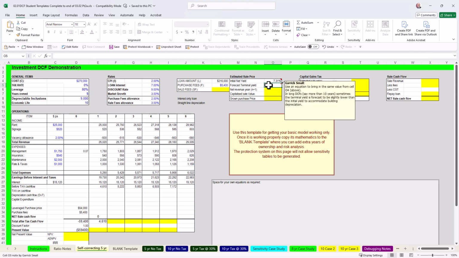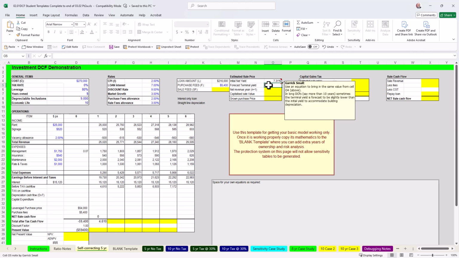That means that it runs backwards to what you would think. In most things, if something's wearing out, its value is getting less, you would say, well, the value is getting less, therefore the terminal yield should get less. In fact, it's the opposite.